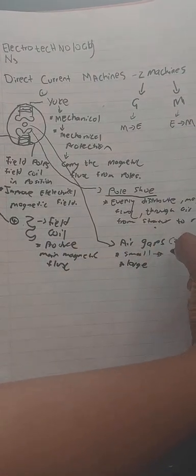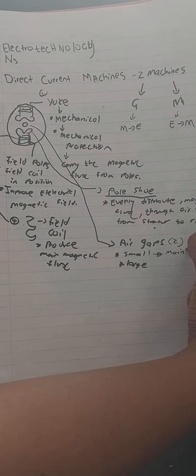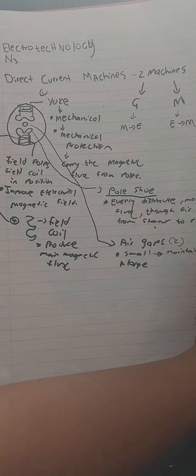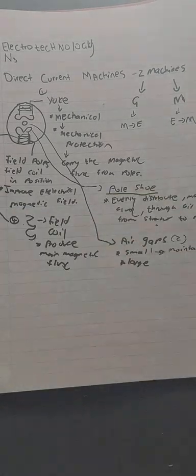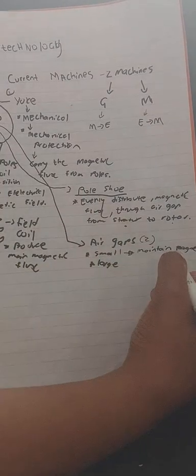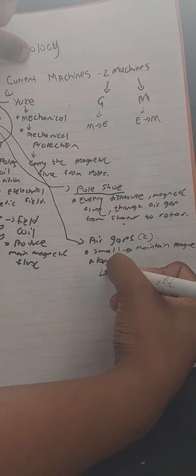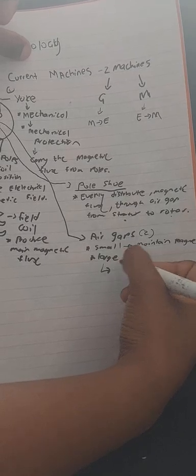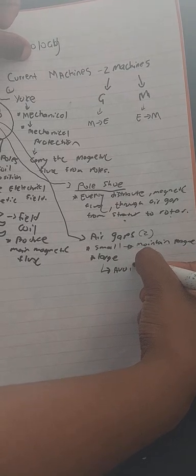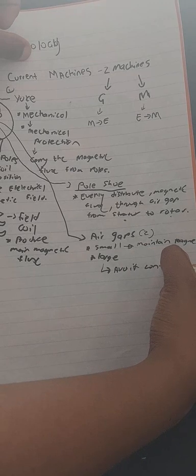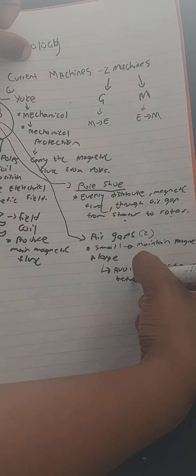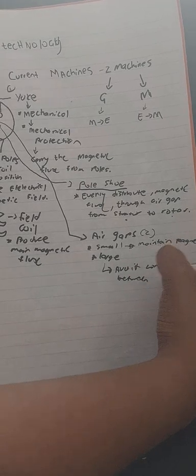The function of the small air gap is to maintain the magnetic field. Remember, the small one is to maintain the magnetic field. And the large air gap is to avoid contact between rotor and stator.